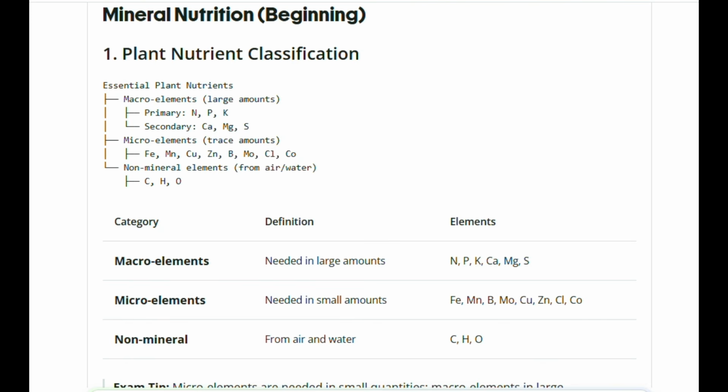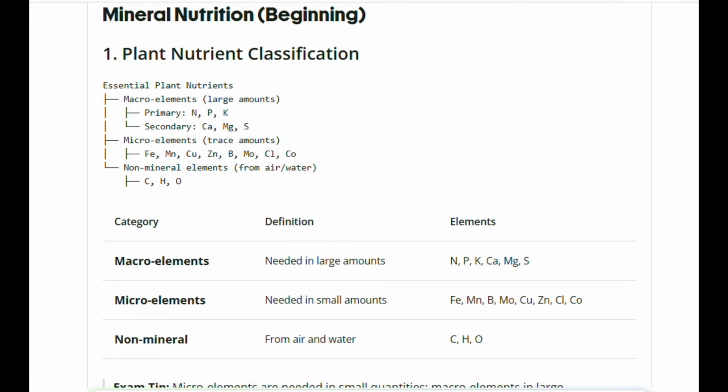Macro elements or other essential elements for normal growth are C, H, O, and can be found in air and water. Macro elements are required for plants to thrive. They are used in relatively large amounts.